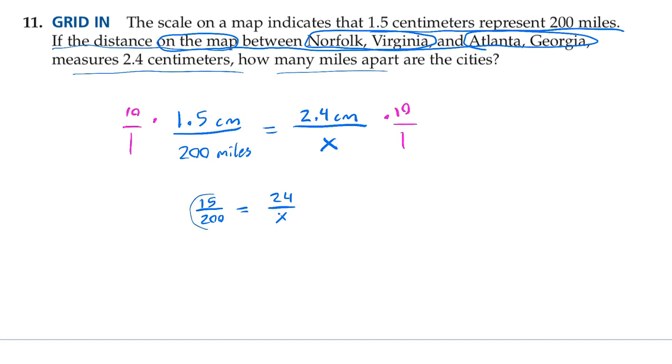Then I could even reduce the one on the right, because why do 200 times 24 if we don't have to? So I'm going to reduce this. If we divide by 5, I get 3 over 40. Okay, that's good. So I got 3 over 40 equals 24 over x. And I could even divide both sides of the equation by 3.